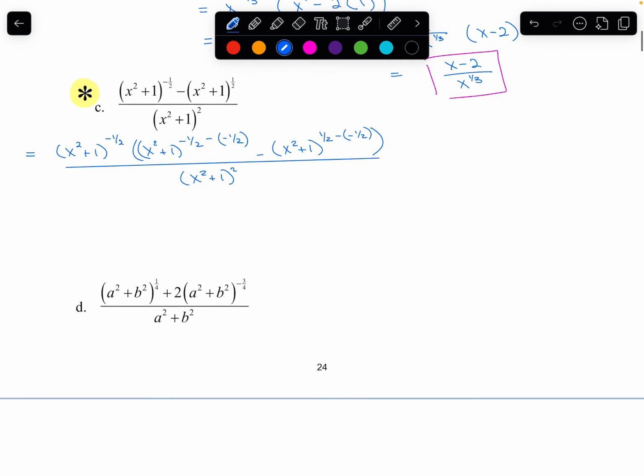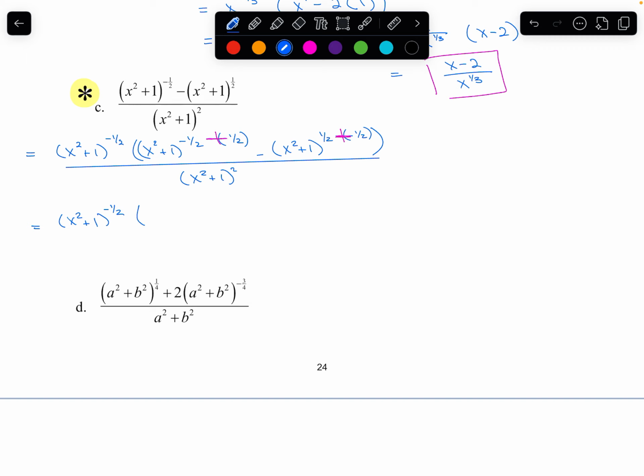Again, when I subtract a negative number, I am actually adding, so I'm going to add the 1/2. So we're going to get x squared plus 1 to the negative 1/2. That's what we factored out.